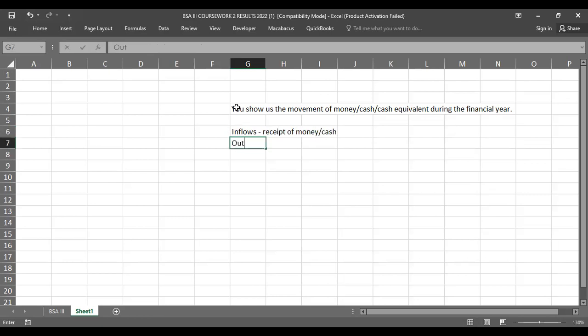Then outflows, we look at payment, or you can say money spent. Those are cash flows. However, we are interested in the three main business activities that bring about all this.